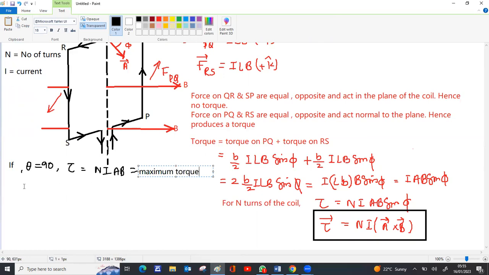For that, theta is 90 degrees means area vector must be normal to magnetic field.